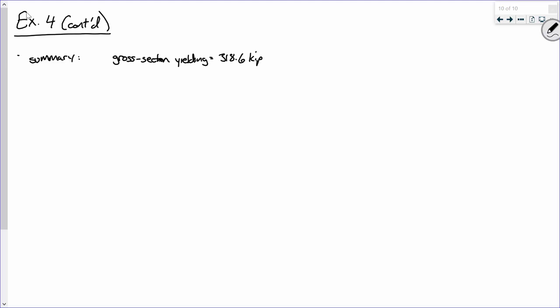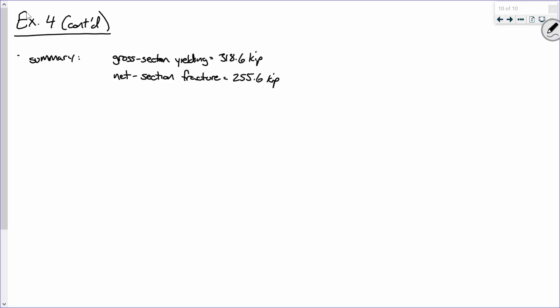But for net section fracture, we got a capacity of 255.6, was that right? There we go. So we've assessed 2 different limit states, one where we're governing yielding in the gross section and one where we're governing fracture in the net section.